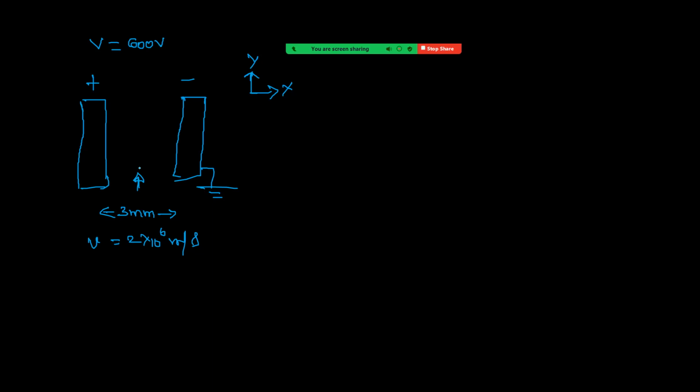Velocity direction is not changing, which means net force equals 0. We can say the force acting on the electron because of the electric field is qE bar, because of the magnetic field is qV bar cross B bar. Now this value must be 0. If this is 0, it goes without any deflection.